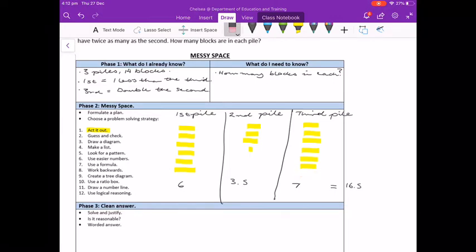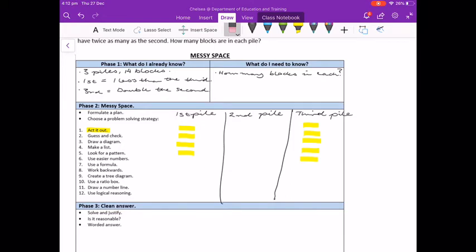Let's go with a third pile of 5. And the first pile is one less than the third, which would give us 4. So we have 4 in our first pile and we have 5 in our third pile.